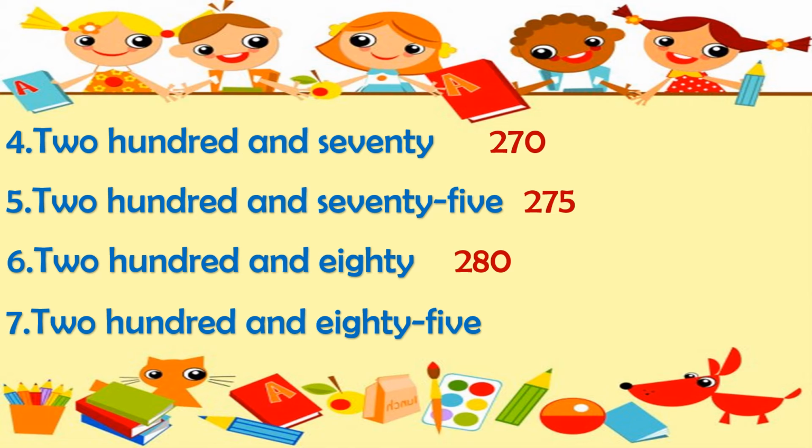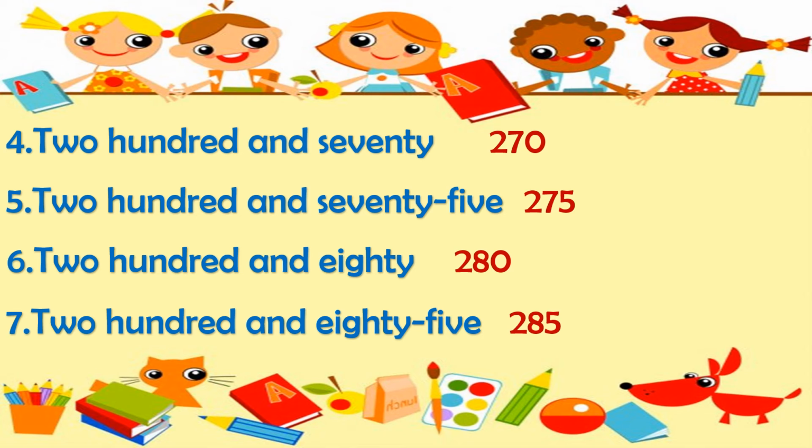Let me spell the word for you, students. Two-hundred-eighty-five. You read this word as 285. But when you write 285 in number symbols, you should write 2, 8, and 5.